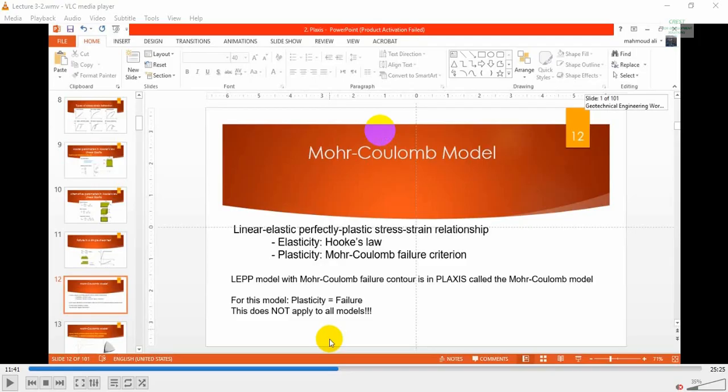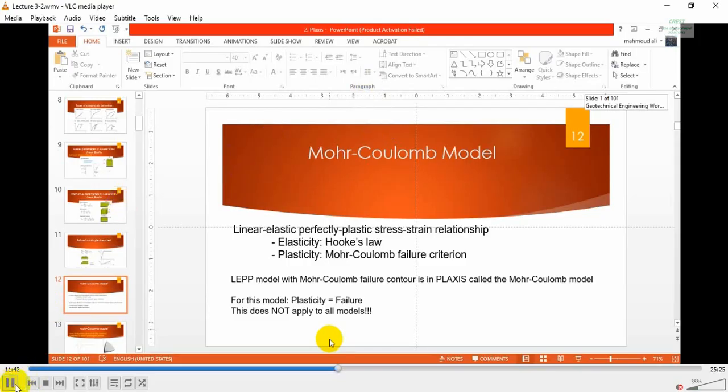However, to accurately simulate the soil behavior, this will not work, and some additional parameters need to be defined to account for the soil plasticity. For the Mohr-Coulomb failure criterion we are discussing now, these parameters are the cohesion C, the friction angle phi, and the dilation angle psi.